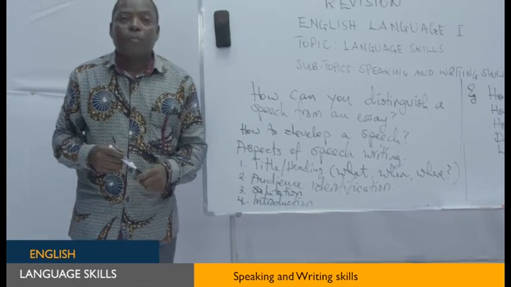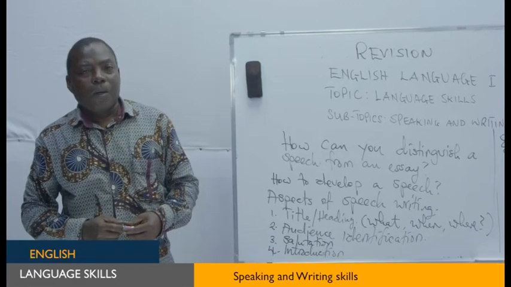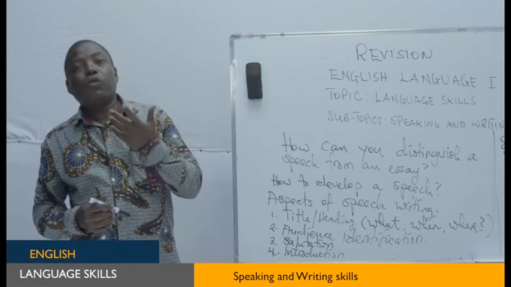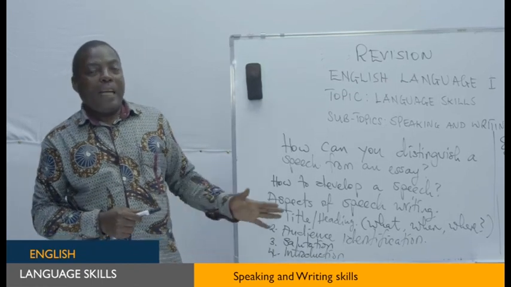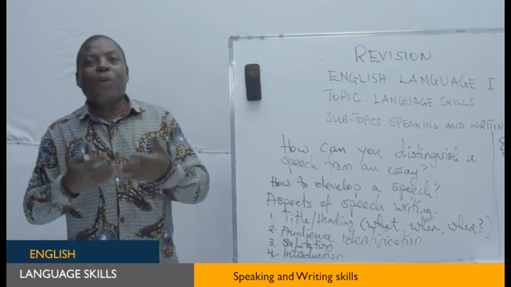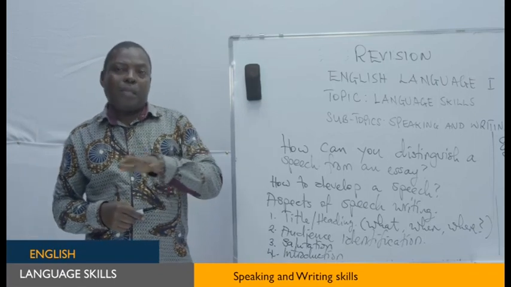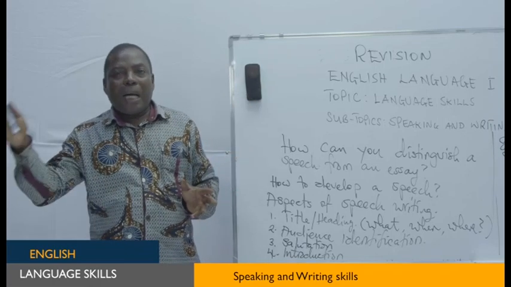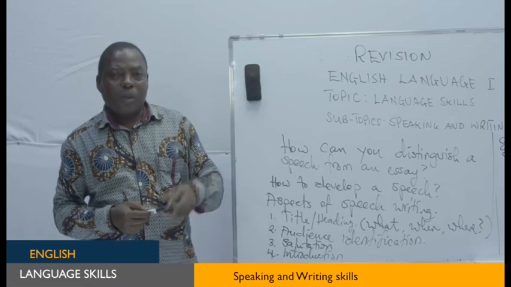Aspect number 4 is introduction. So at this point, you'll need, first of all, to introduce yourself, because you have identified your audience. Then they'll start also asking, who are you that are going to talk to them? So if you leave that space, it's like you're creating a vacuum, where people from different angles are murmuring, asking themselves, who is this person?